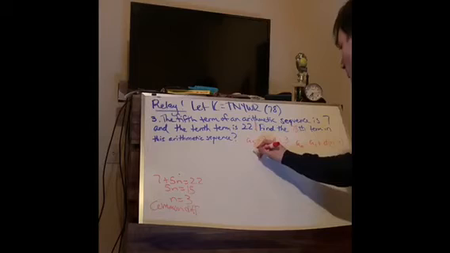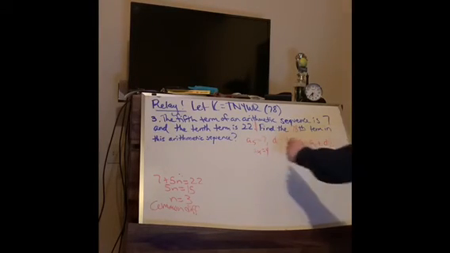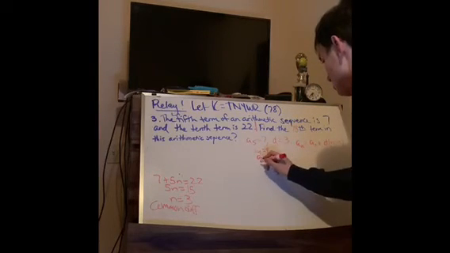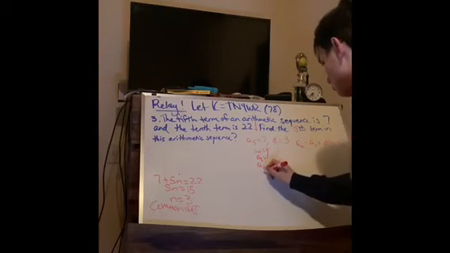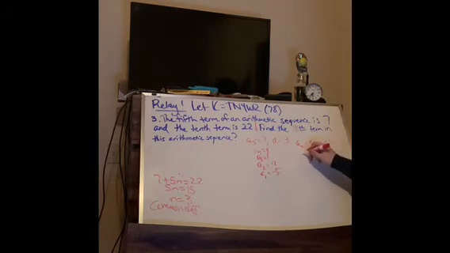So A of 4 is going to be 4 because 7 minus 3 is 4. Think about it. When I add 3 to this, I'm going to get 7. A of 3 is 1. A of 2 is negative 2. A1, negative 5. This is the first term. So really, it's negative 5 plus 3 times n minus 1. A of n equals 3n minus 8.